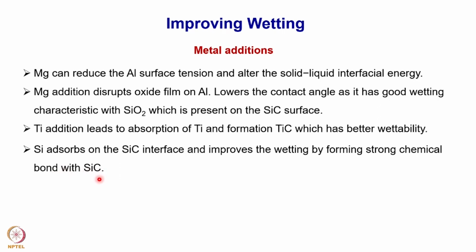I said before also that silicon will actually segregate along the interface between silicon carbide and aluminium, and with the help of this silicon, which is now present along the interface, the bonding will take place. So with the additions of metals like magnesium, titanium, silicon into aluminium, the wetting and the bonding can be improved.